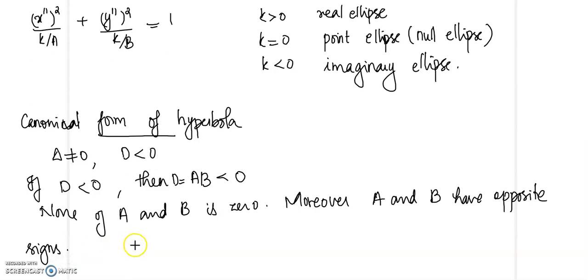Now let us assume that a is greater than 0 and b less than 0, without loss of generality.